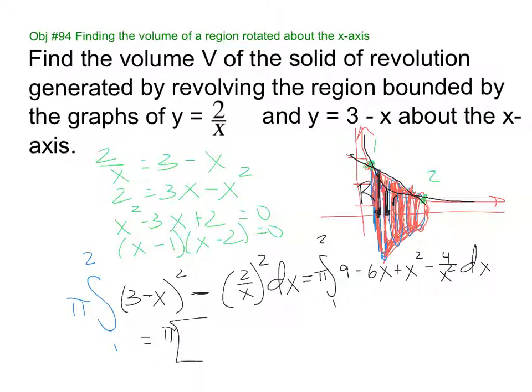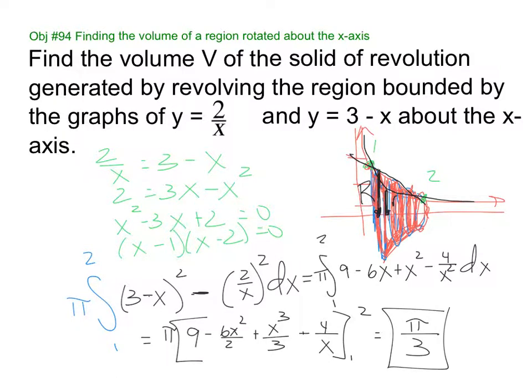That's really important. 9x minus 6x squared over 2 plus x cubed over 3 plus 4 over x from 1 to 2. And the final answer, if you go through, is pi over 3. You can do that math on your own. It's really obnoxious. It took me an overly ridiculous amount of time to get the accurate answer, but it is pi over 3.